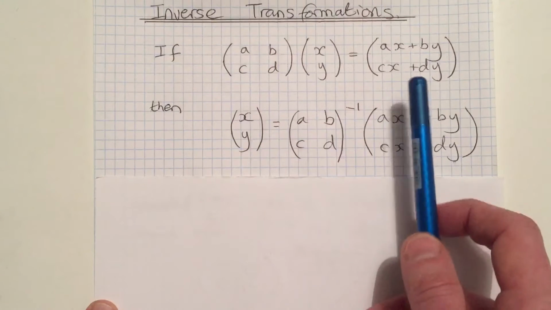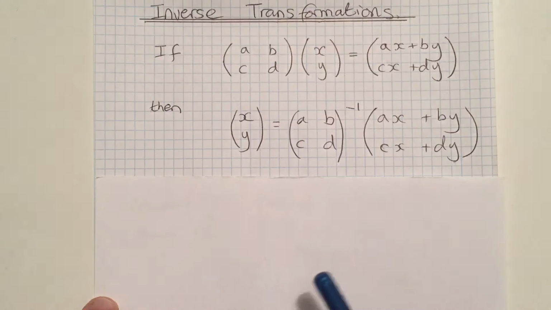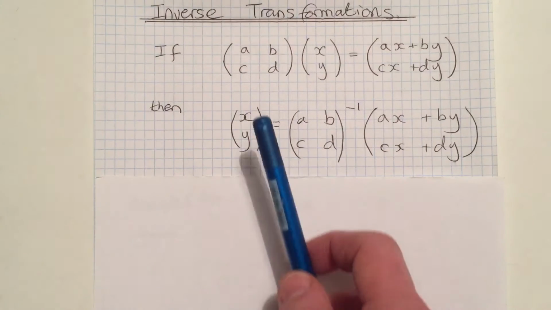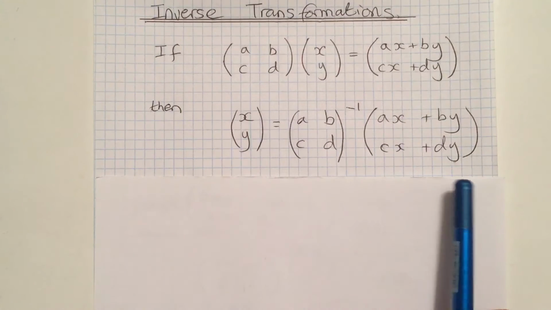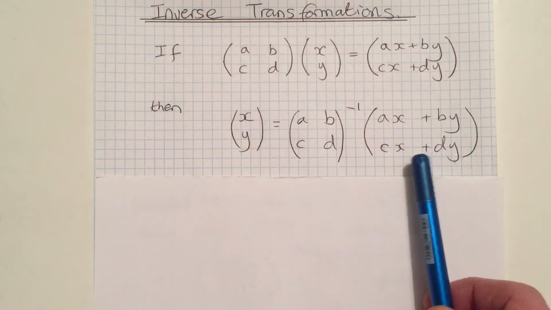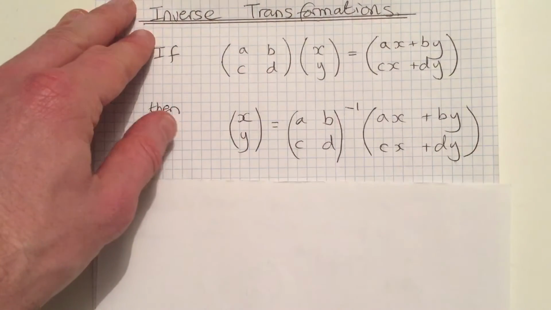And on the right hand side, I have the inverse matrix multiplied by the image coordinates. So basically, if I want to work out the coordinates of the original point, all I have to do is take my result and multiply it by the inverse matrix. So let's see that in an example.